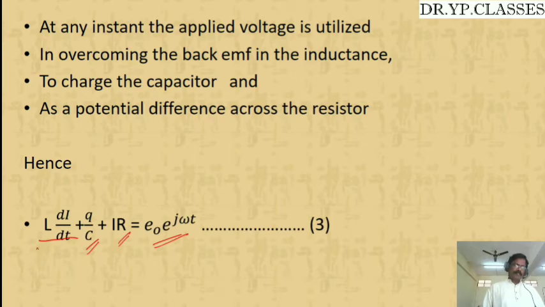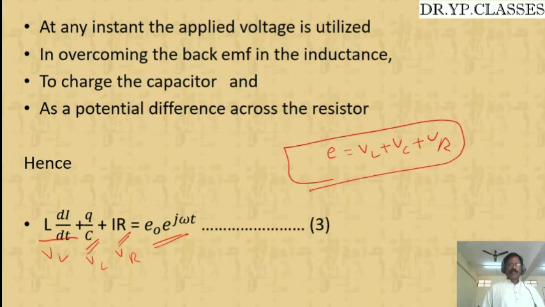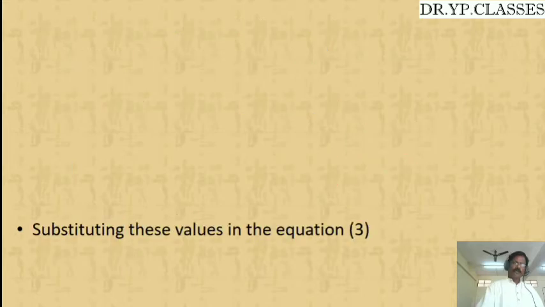The first part is the voltage across the inductor, this is VC and this is VR. Therefore, E = VL + VC + VR, the sum of the three voltages across the three components.